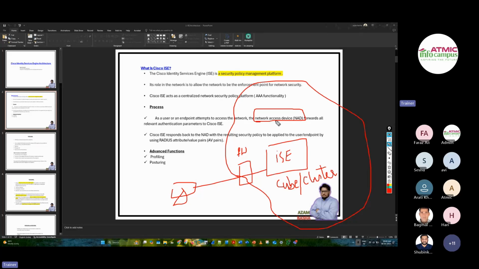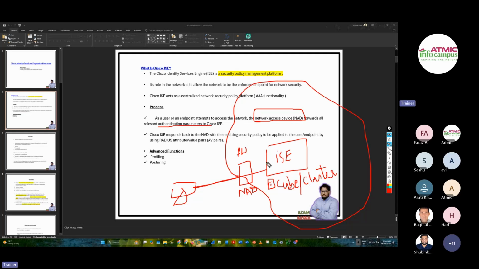So the NAD forwards all the relevant authentication parameters to ICE. The device is trying to access some resource. The first thing it has to do is authentication. For the authentication, the NAD, the network access device, in our situation a firewall, will forward the request to ICE.